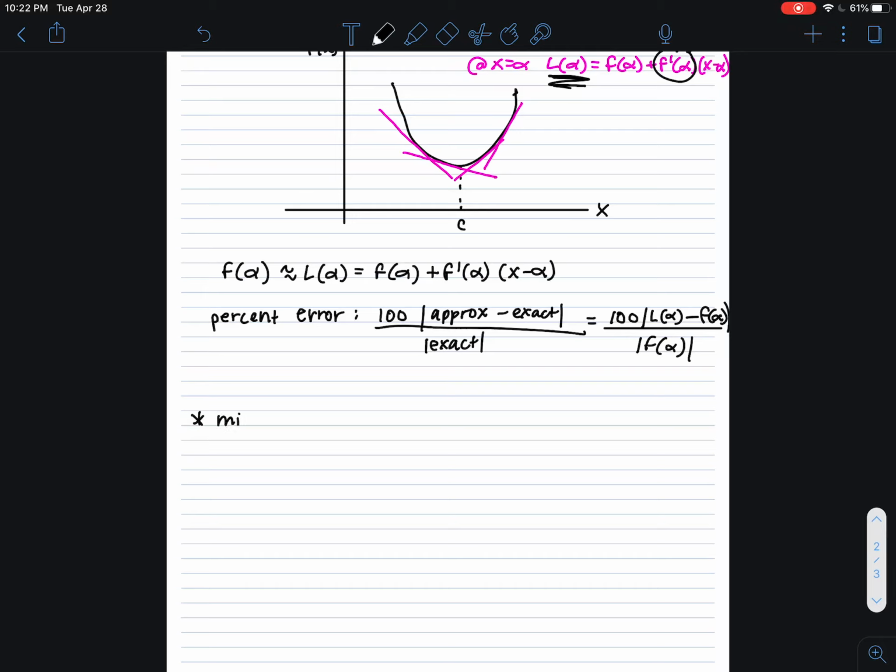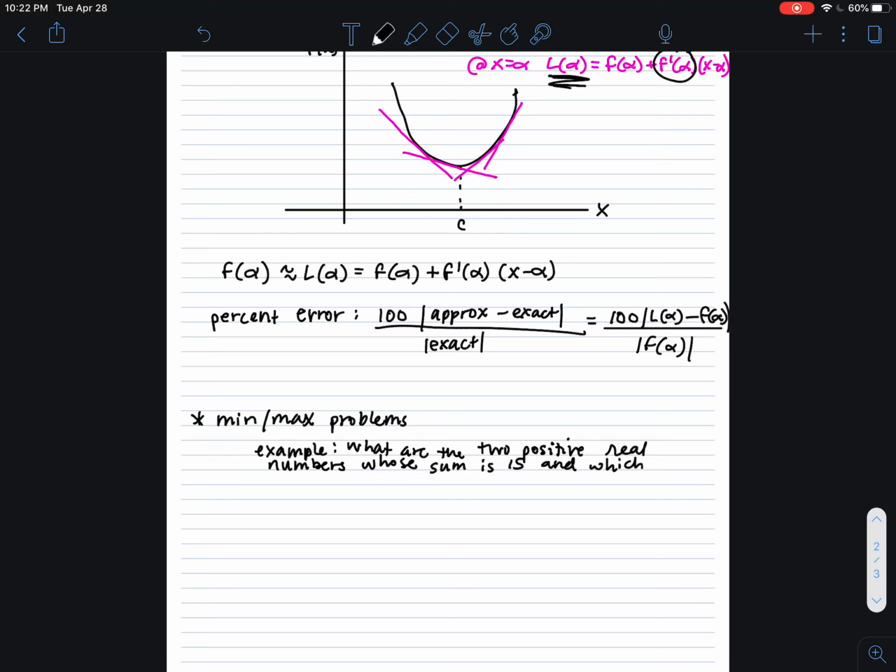I want you guys to know min and max problems. So, for example, what are the two positive real numbers whose sum is 15 and which have the smallest possible product?